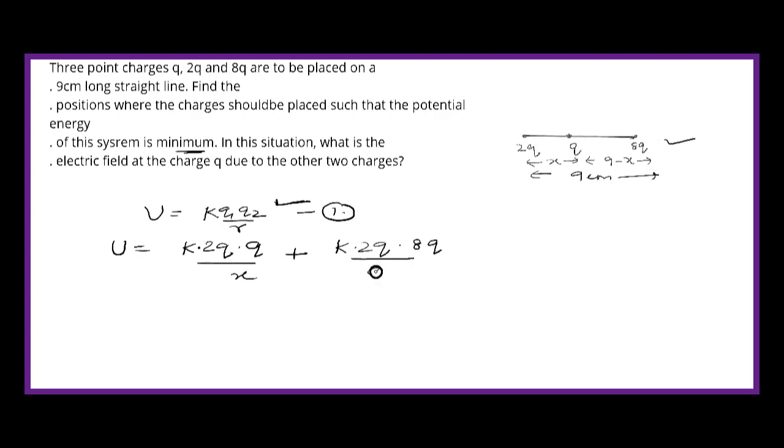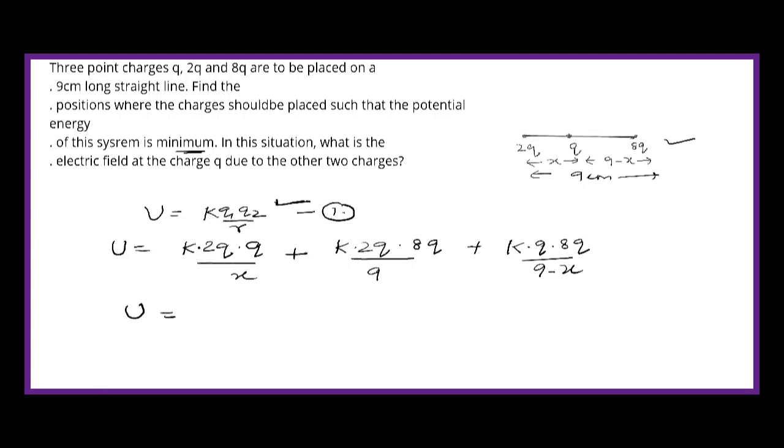Now one more combination is there, Q and 8Q: K times Q times 8Q divided by 9 minus x. Three combinations are there.